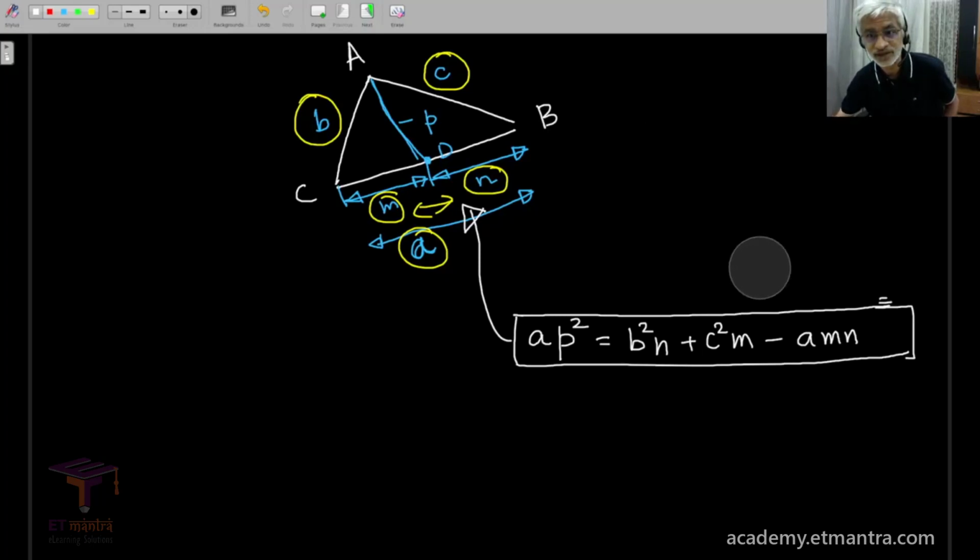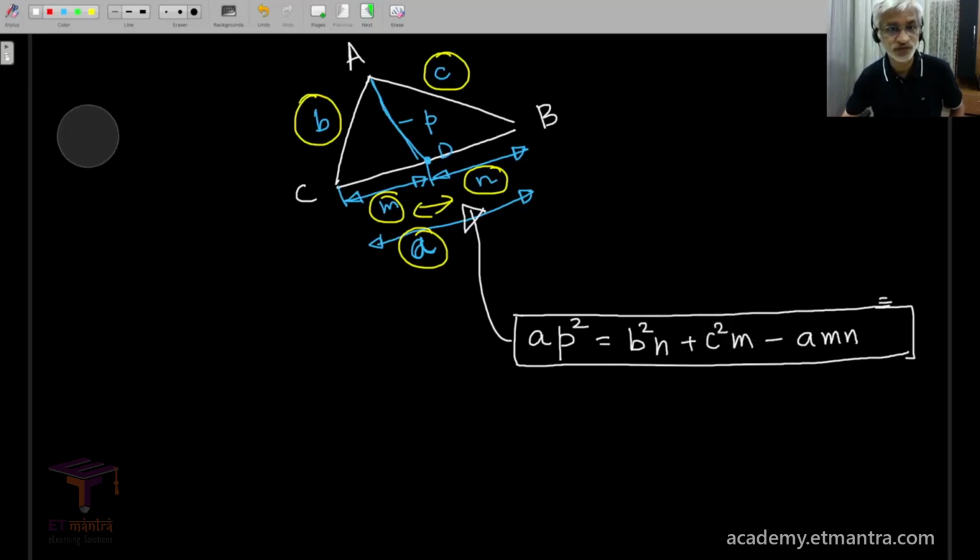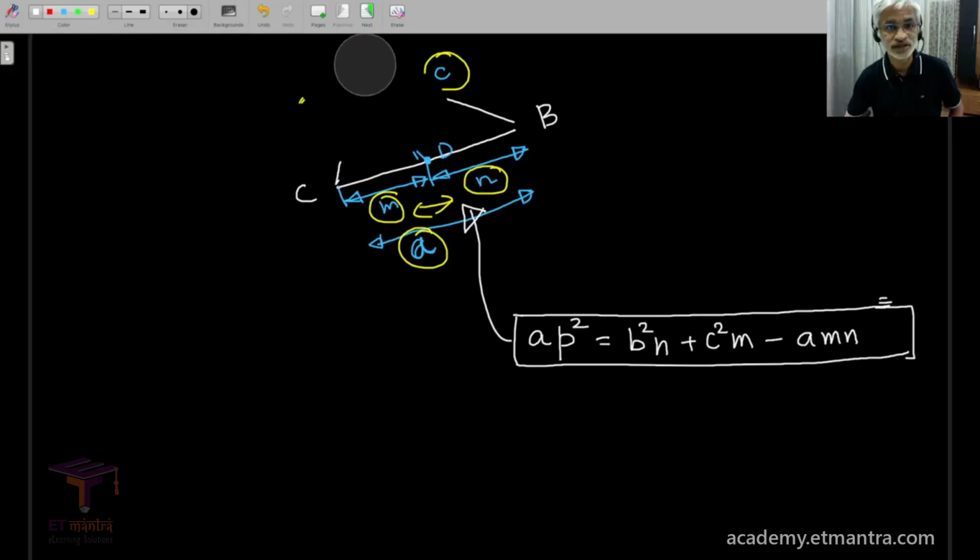But there are still two nice cases, and I shall presently do the first one. The first case is when this particular line, maybe I shall draw this again, when this particular line is an angle bisector. Okay, so let's do the case when this particular line is an angle bisector. So I'll just redraw this.